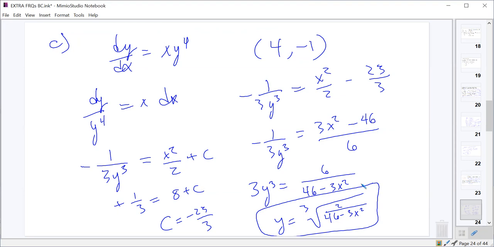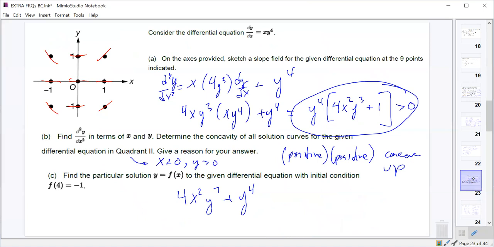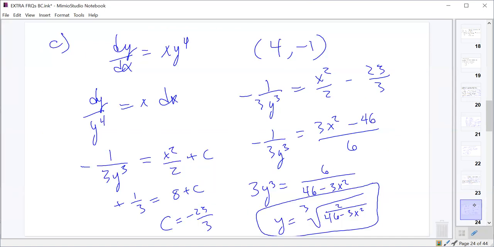And just one quick thing to be careful about. They don't normally ask when it's valid. Actually, let's see if they did. Yeah, they didn't ask. But you can find the interval of validity, set your denominator equal to 0. If this becomes a square root, remember that it becomes a plus or a minus.